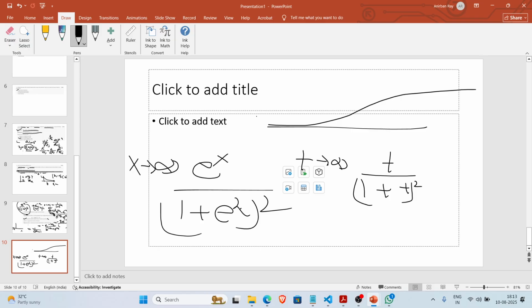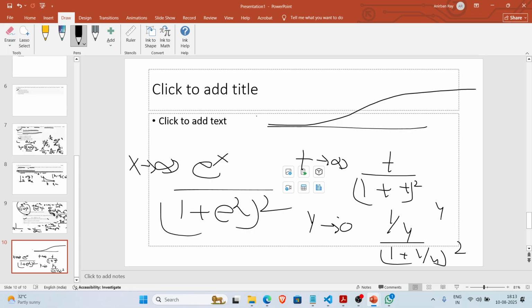Yeah, so this is the one. I suppose replace by another variable y here. y tends to 0, this is the 1 by t. This becomes 1 by y, 1 plus 1 by y square.